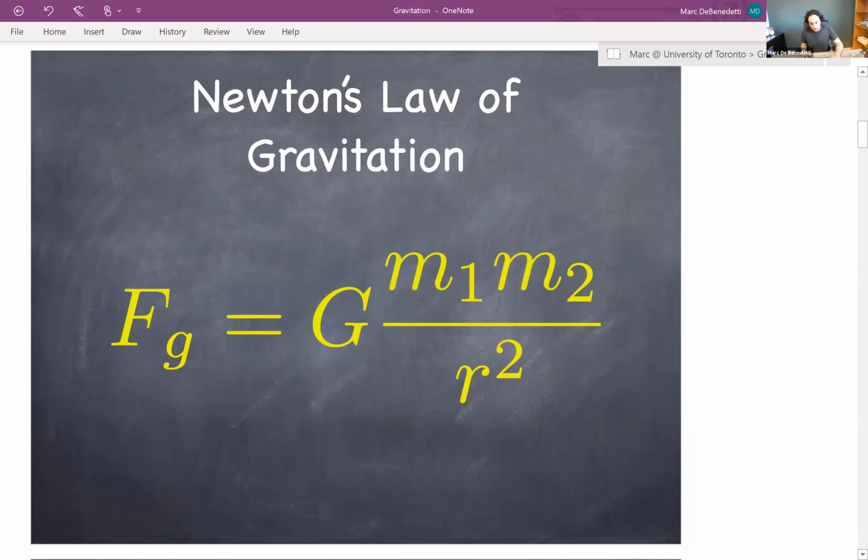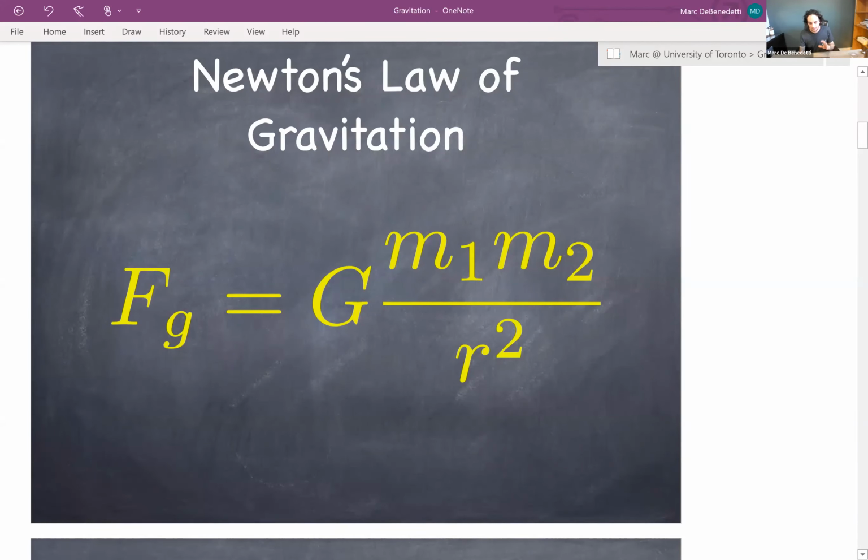Newton's law of gravitation is this formula. It's capital G, which is a universal constant. You can look up in a textbook, it has a certain value, and it's the same value whether on Earth, on the Moon, on Jupiter, or somewhere else in the universe completely.